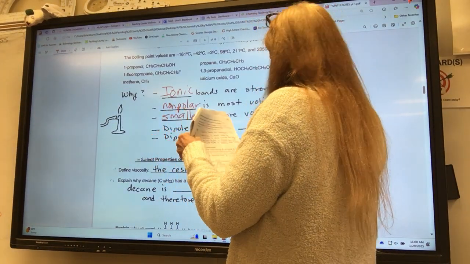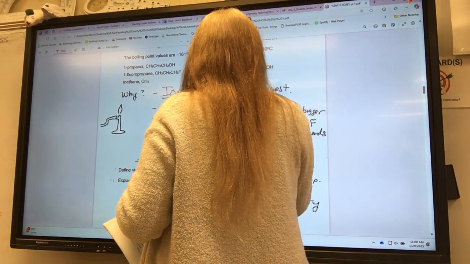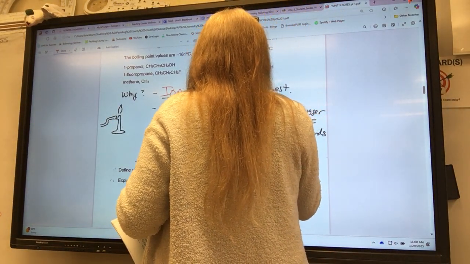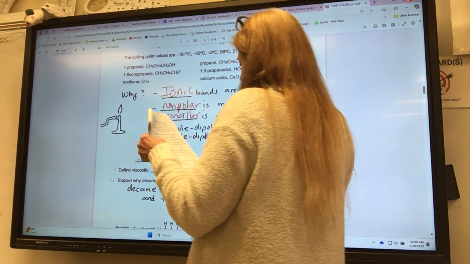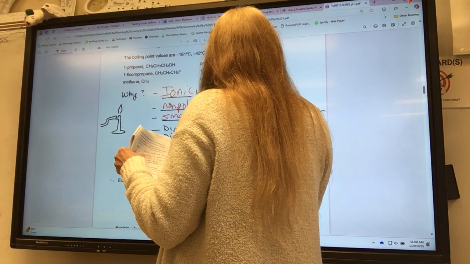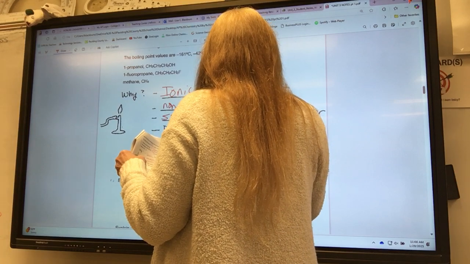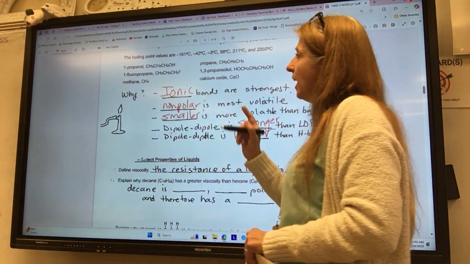Dipole is stronger than London dispersion, and dipole is weaker than hydrogen bond.